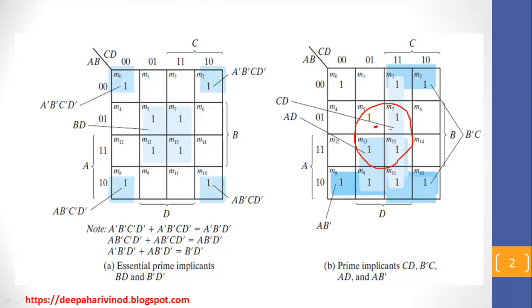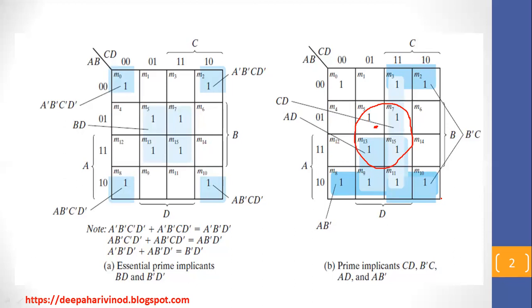So this grouping is not required, and this grouping is also not required, I guess, because this one will be included in the grouping of the corner ones. Hope you understood.